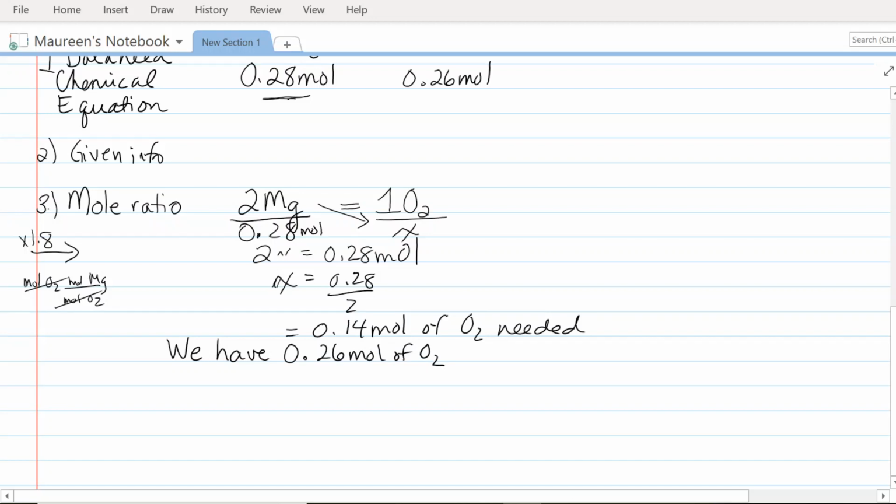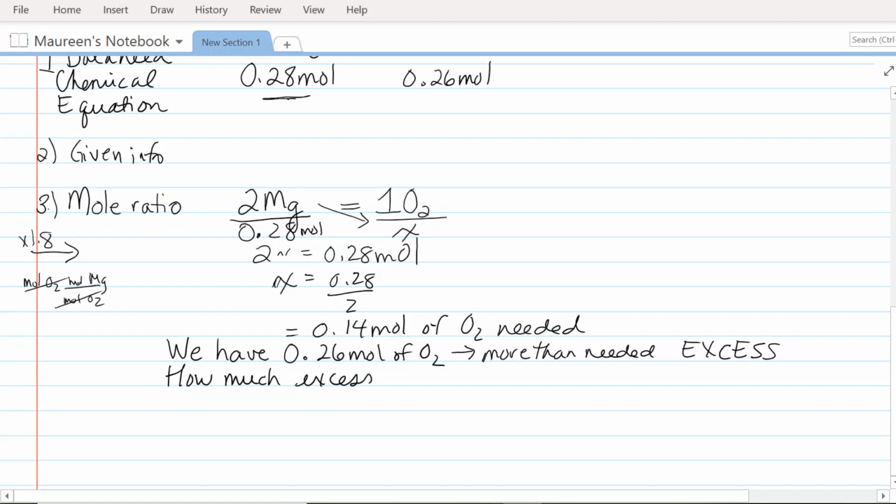So we have more than we need, or excess. As soon as you figure out which of our reactants is in excess, then the other one is limiting.